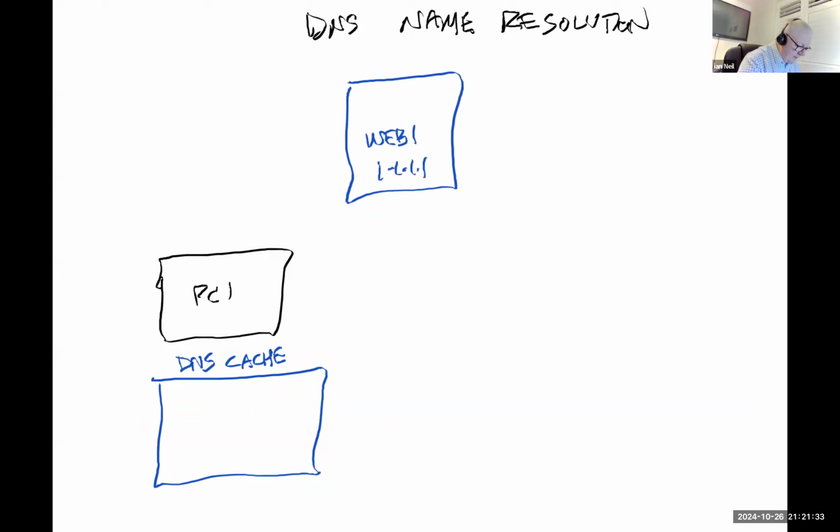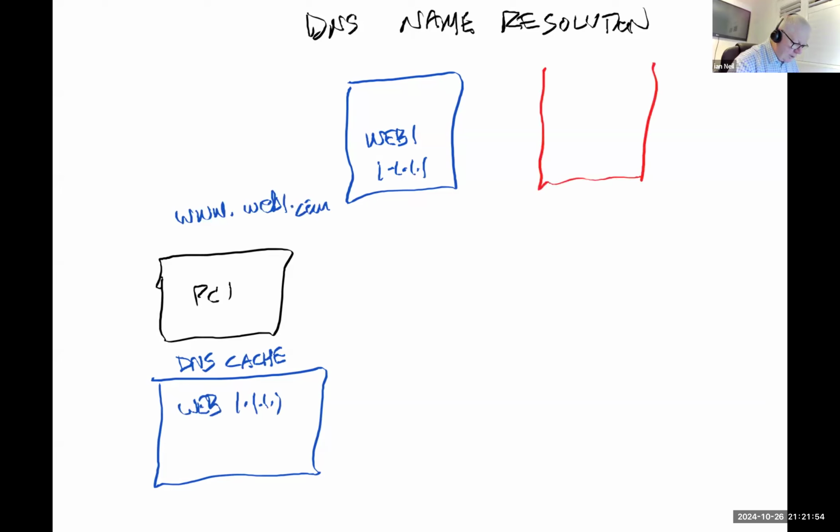So when this guy puts www.web1.com, it will actually publish web1 as 1.1.1.1 inside here. Now, what the attacker will do is a clone of web1, but it'll have a different IP address.